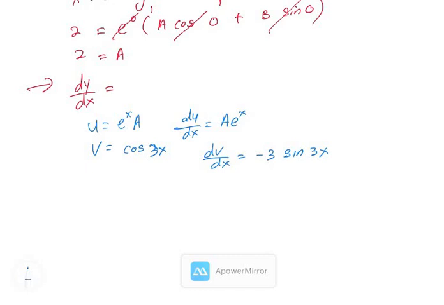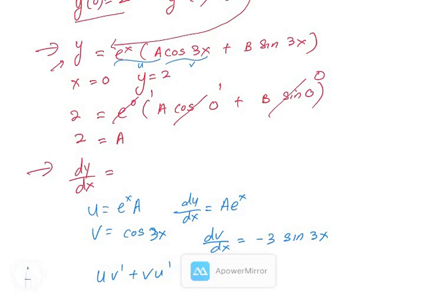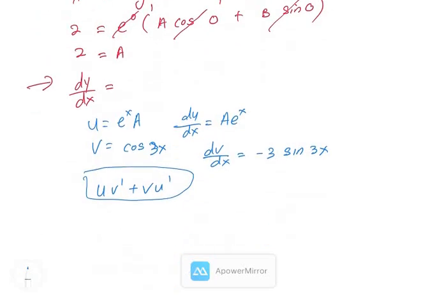And then you need to follow the formula u v prime plus v u prime. But first of all, why do I need to use this formula? Because you have the x in both factors, the first x and the second x, so you cannot differentiate directly. You need to use the product rule.